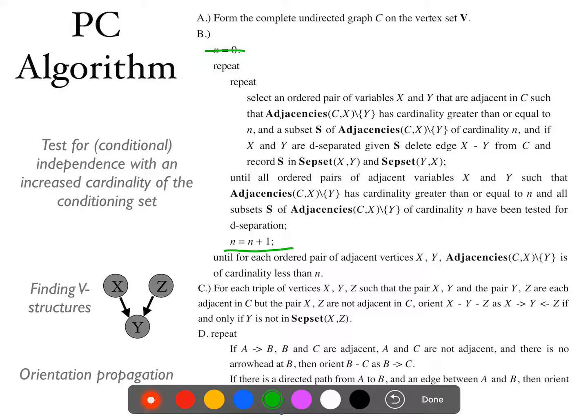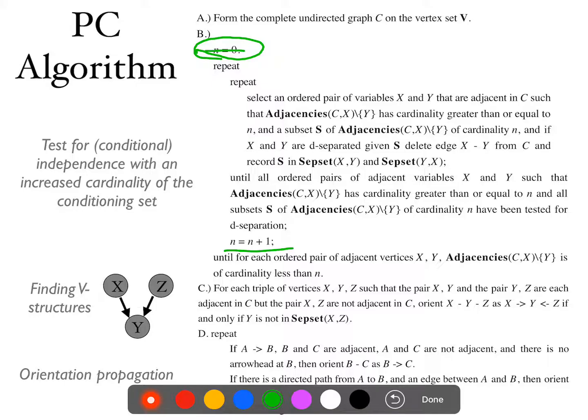Wouldn't you, at the beginning, start with a fully connected graph? Yes. And if you start with a fully connected graph, everybody is there. But first you do the unconditional independence test, and you can get rid of a lot of edges, since the cardinality of the conditioning set is very low and the power of the test is high. Then you increase the cardinality.